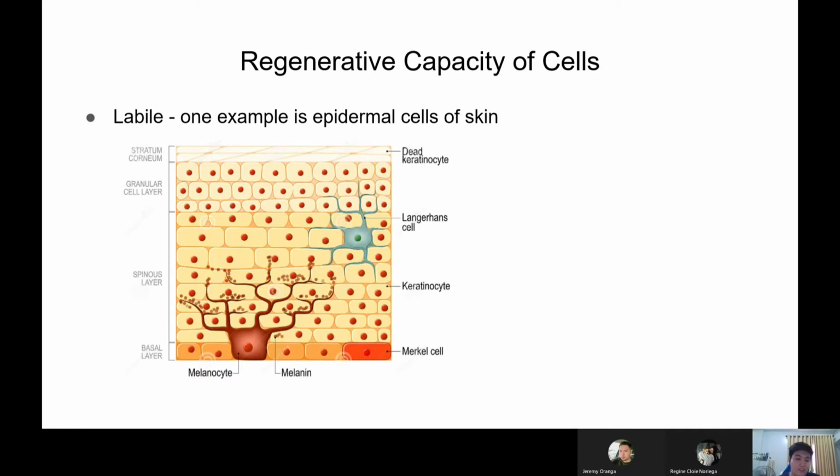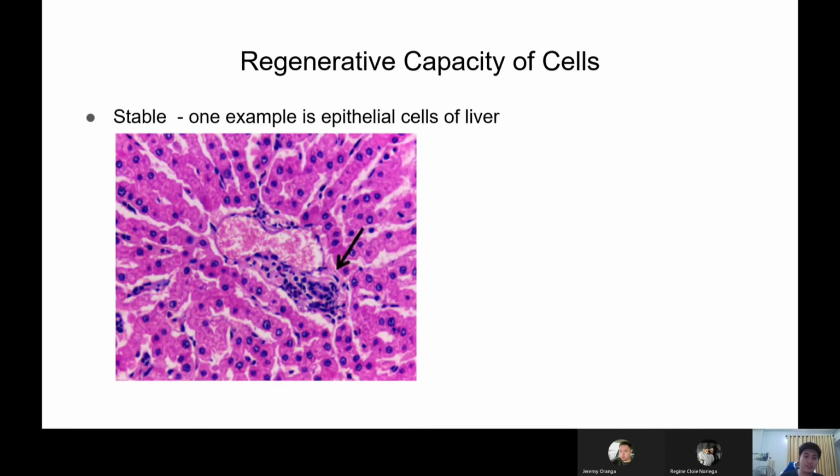So next yung categorization of cells based on their ability to regenerate and multiply. The first one is the labile cells. They continue to multiply by mitosis throughout life and replace lost cells due to normal turnover. The next one is the stable cells. They turn over, but not as quickly as the labile cells.